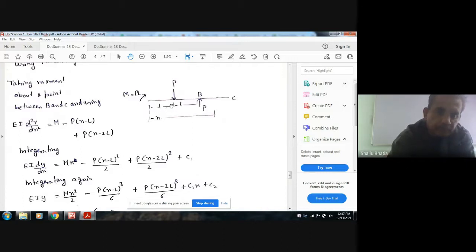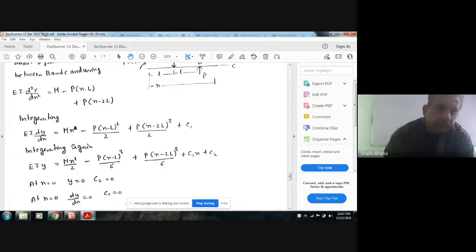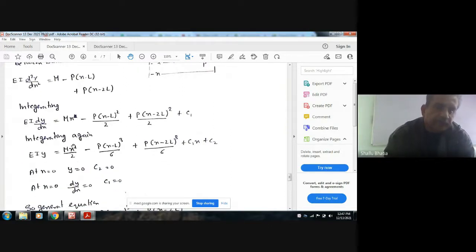Sorry, P into x. This distance will be P into (x minus L). So this is anti-clockwise, and this will be clockwise, P into (x minus L). Now integrating, EI dy/dx = Mx - Px²/2 + P(x - L)²/2 + C1.